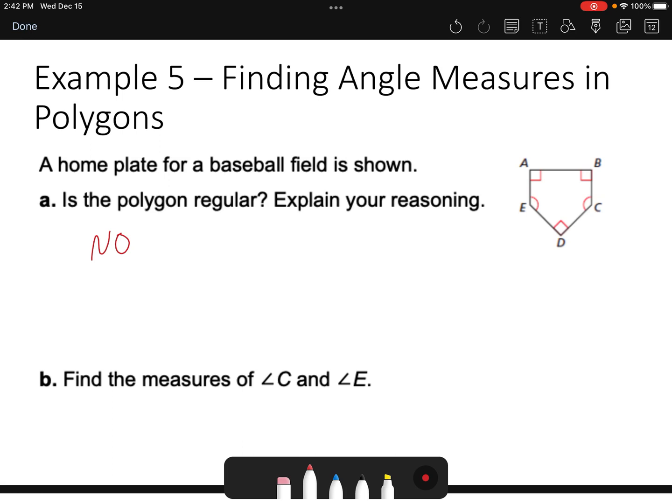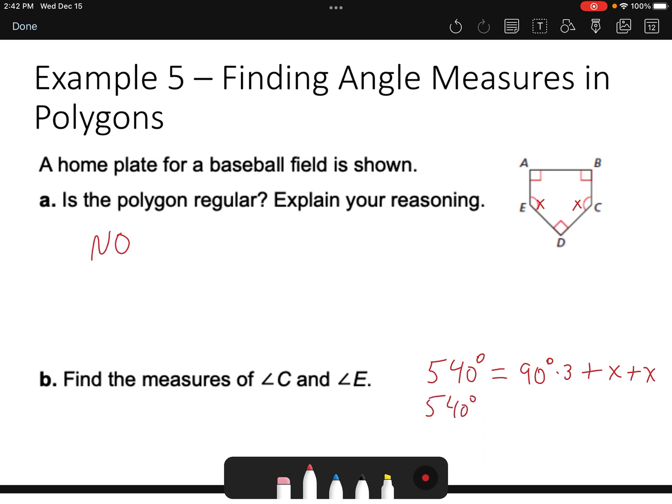Well, how many degrees are in a pentagon? Well, we can take n minus 2 times 180. 3 times 180 is 540. We also know that A, B, and D are 90. So 90 times 3 plus, but we don't know what E and C are, so we'll say x. So we'll say plus x plus x.